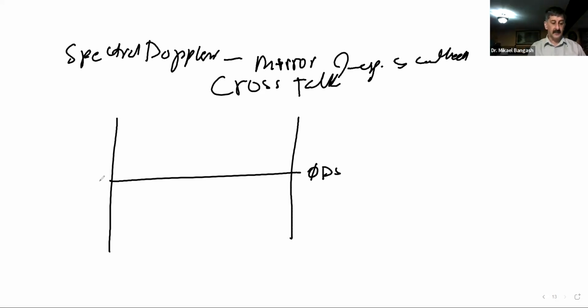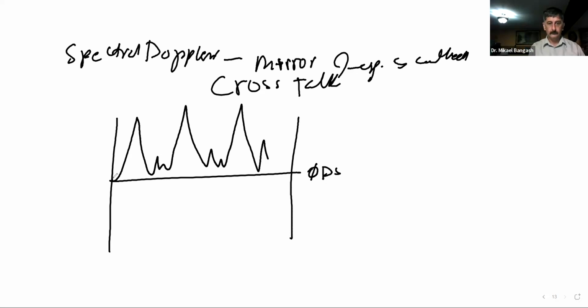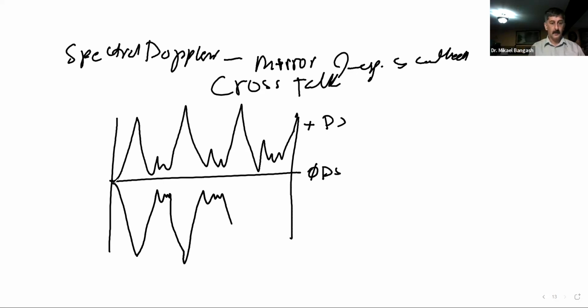Now what we may see here is this. What we know about the zero Doppler shift is that above it is a positive Doppler shift, and this one here is a negative Doppler shift.